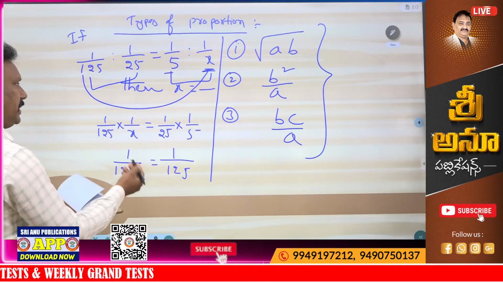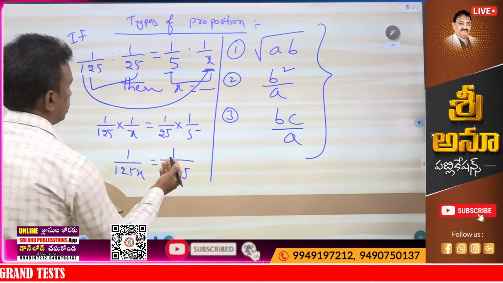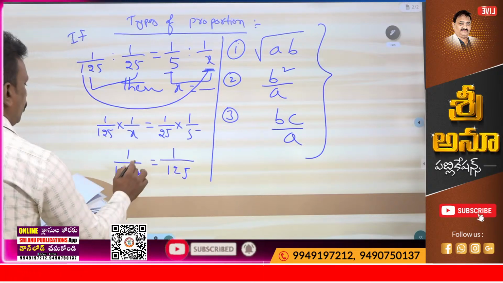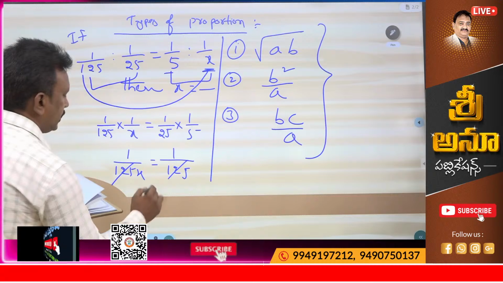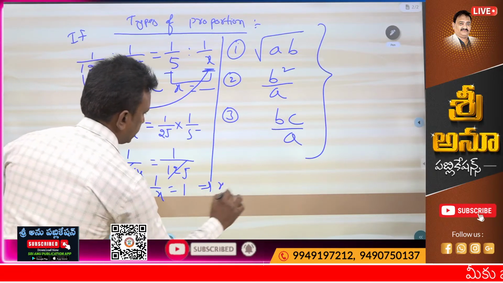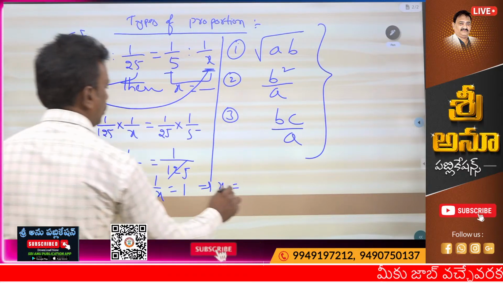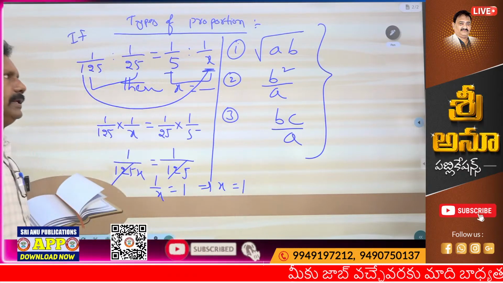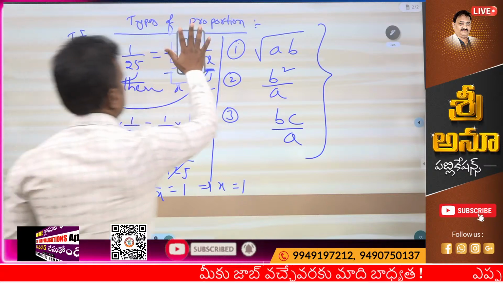Just write the denominators and cancel 125 and 125. So 1 by x is equal to 1, and that implies x is equal to 1. Okay, so write the next concept.